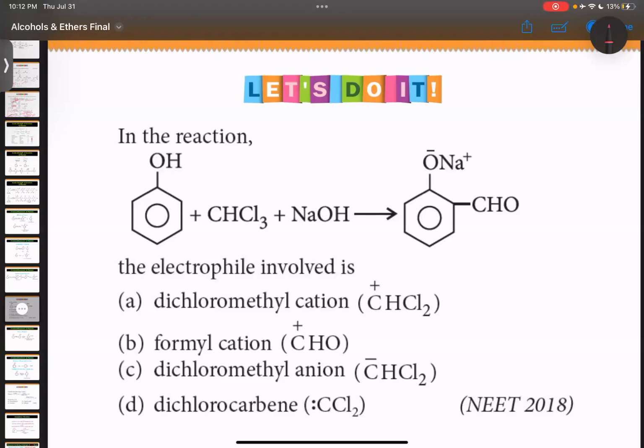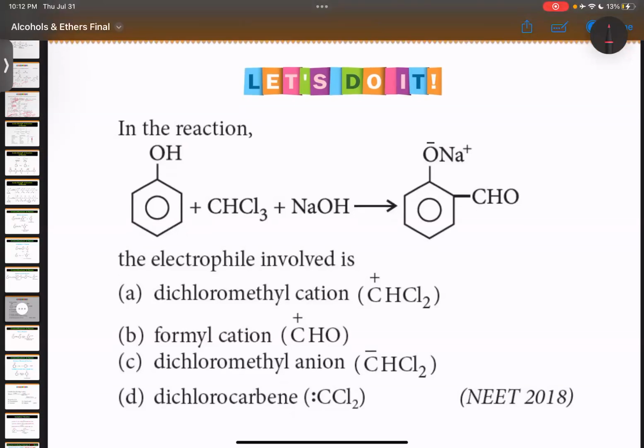This is salicylic. Got it? Is it clear or not? Yes, sir. So this is salicylic, and what was the name of this reaction? Very important reaction. We have seen it today.